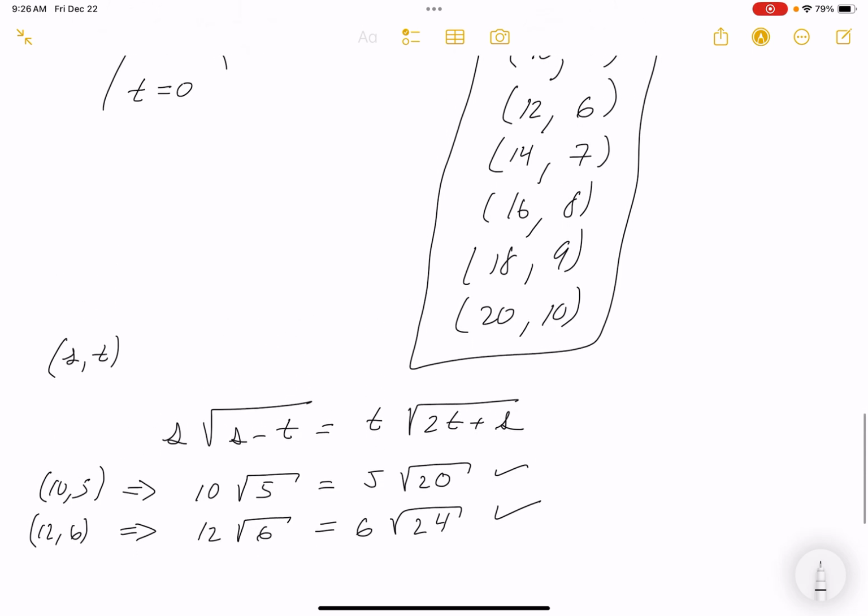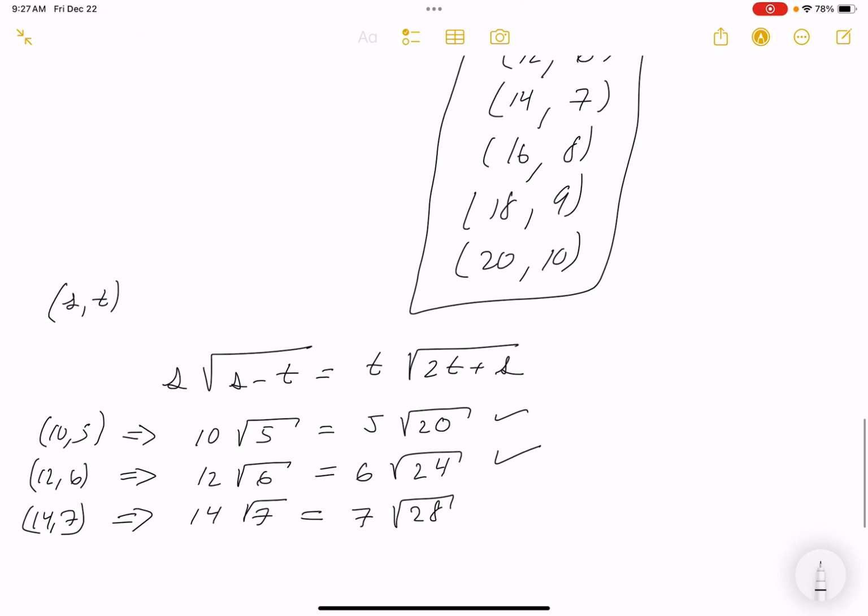That's going to be 14, 7. You get 14 minus 7, which is 7. And what do you get there? You get 2 times T, which is 14. 14 and 14 is 28. And again, there's a 4 there. The square root of 4 is 2.